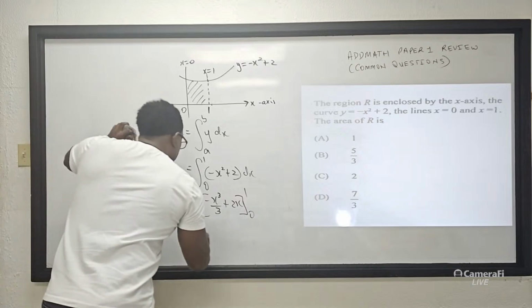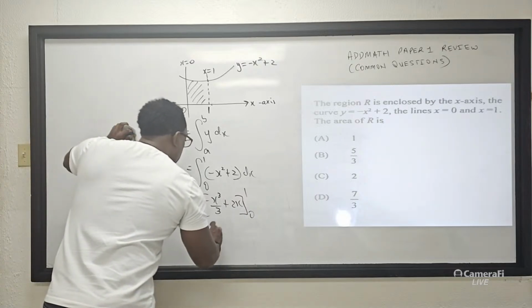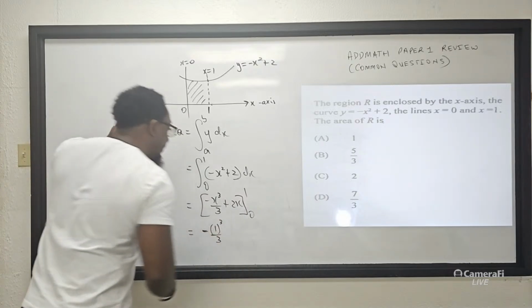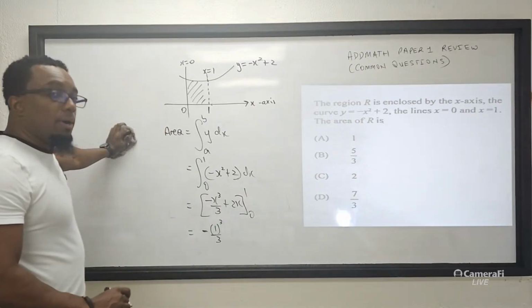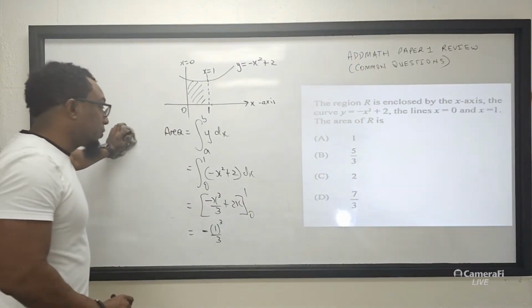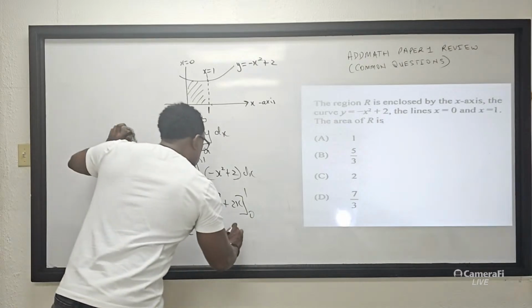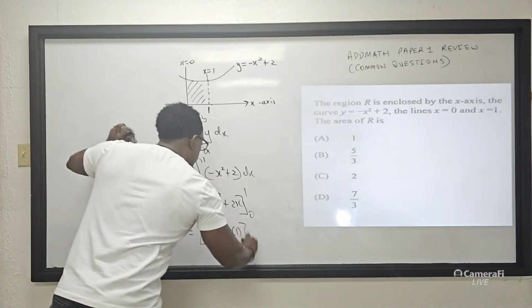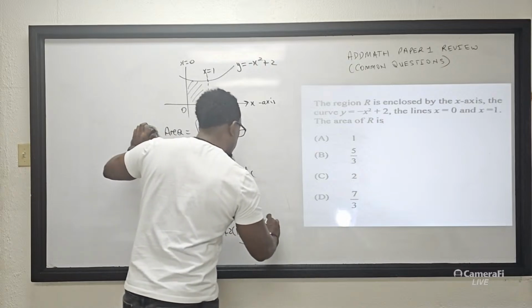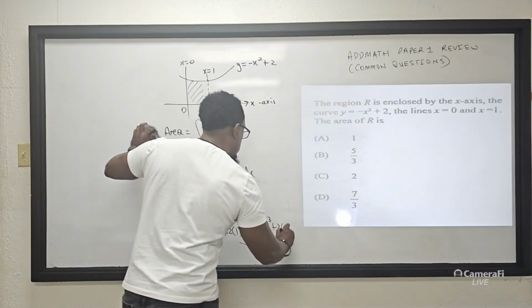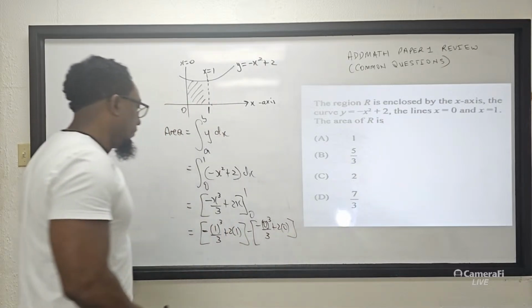This is negative 1 in brackets cubed all over 3 plus 2 times 1, subtract negative 0 in brackets cubed all over 3 plus 2 times 0.